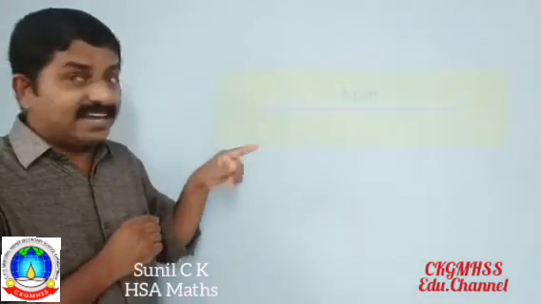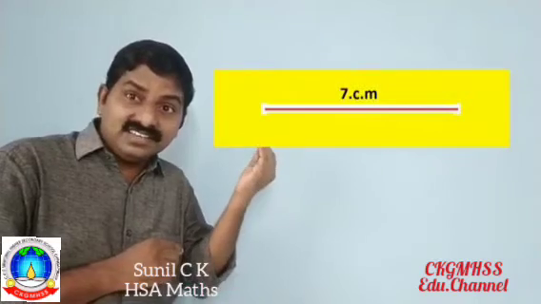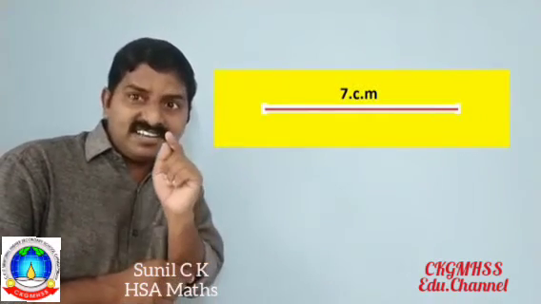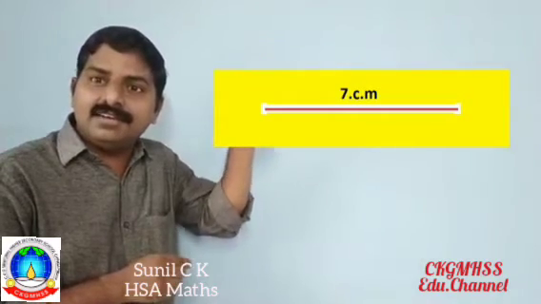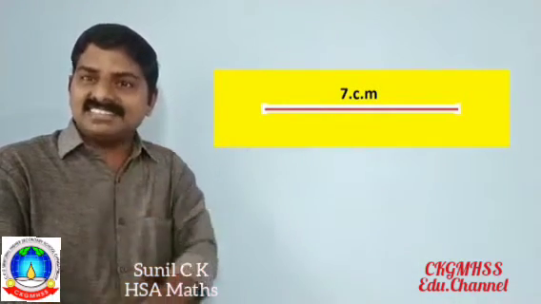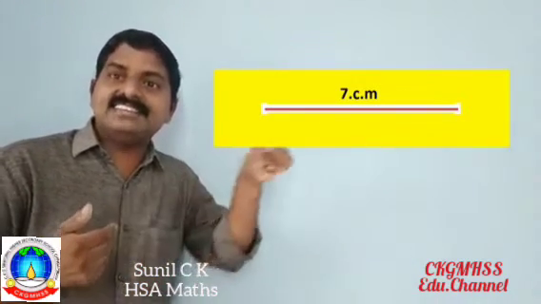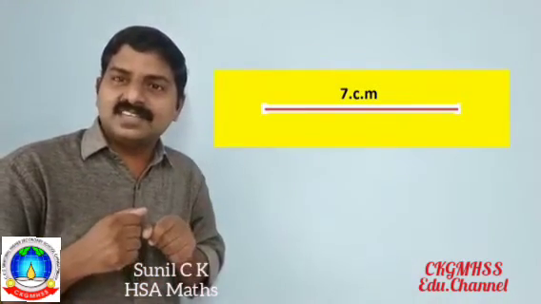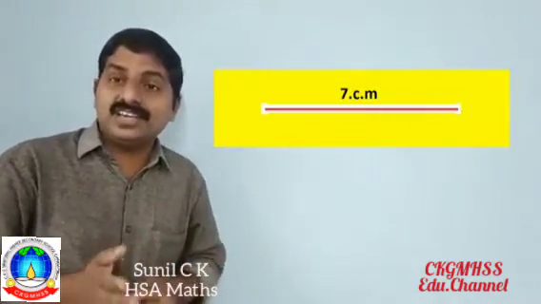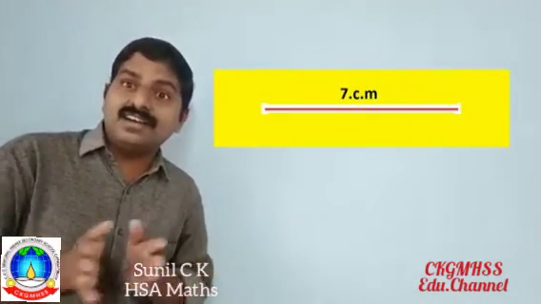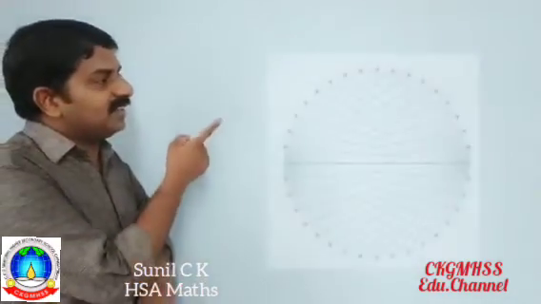Just take a line, then an angle of 1 degree at the first end and 89 degrees at the second end. Then 2 degrees and 88 degrees. 3 degrees, 87 degrees. If you take this type of angles at the ends of this line, the figure becomes like this.